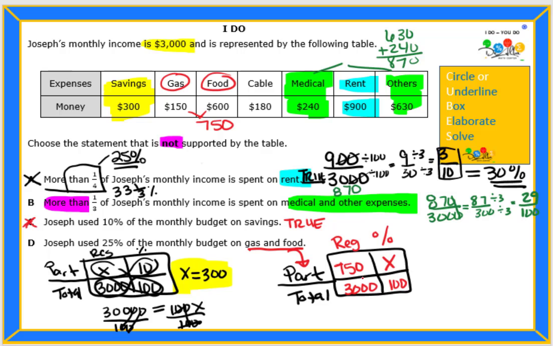So I'm going to go ahead and multiply this. So 750 times 100 is 75,000. And that's equal to 3,000 x. So we're going to divide by 3,000 on both sides of the equation, as we always do, we have to do the exact same thing to both sides. So 3,000 divided by 3,000 is just x.